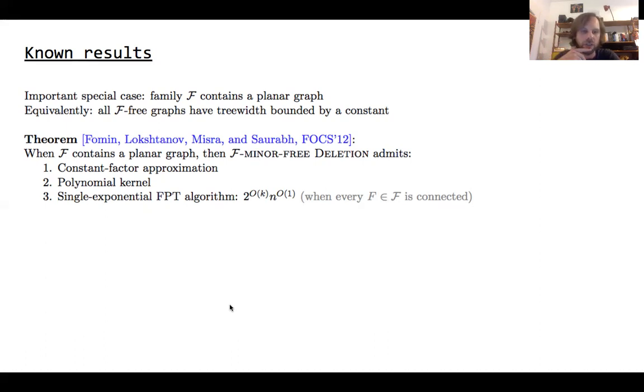What is important is that for all these three algorithmic benchmarks, the condition that F contains a planar graph seems to draw a boundary of our understanding, in the sense that we don't know any other family F outside the special case for which we would have any of these three desirable kinds of algorithms.